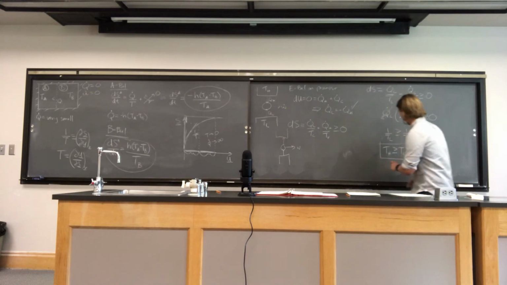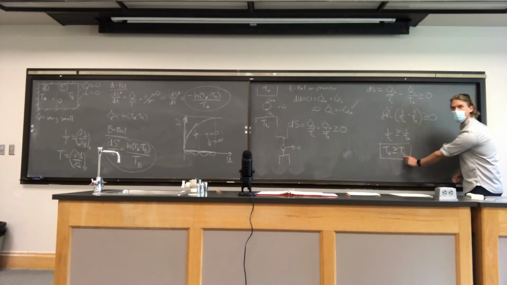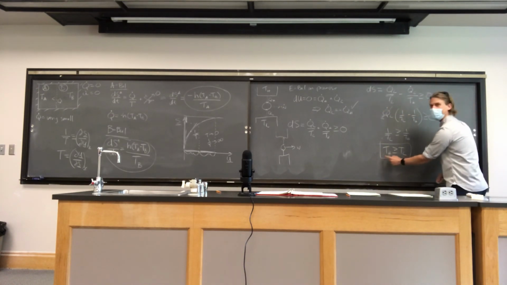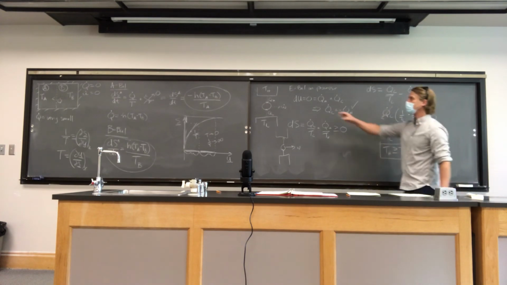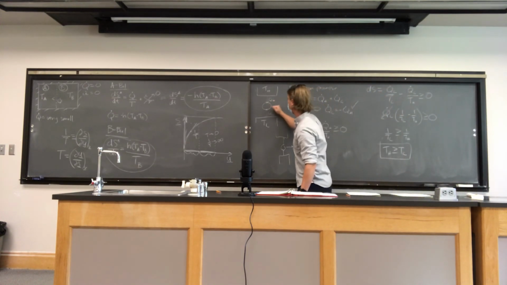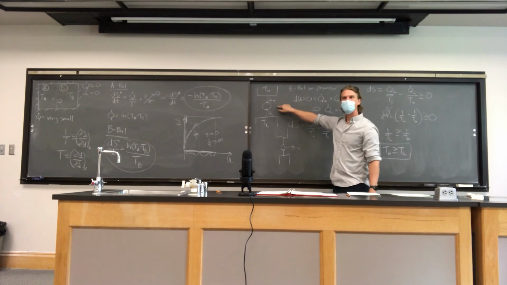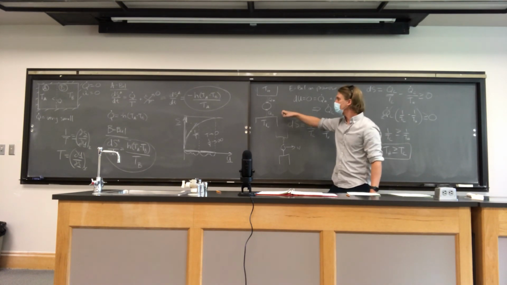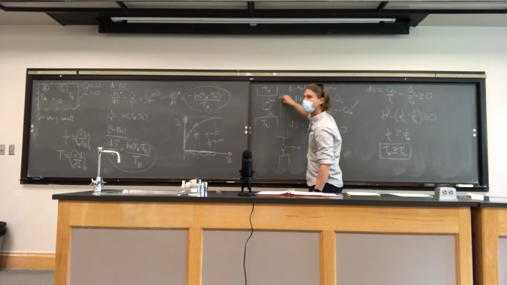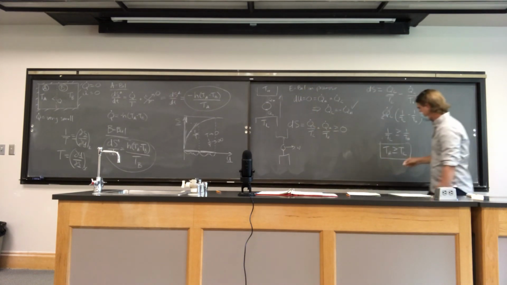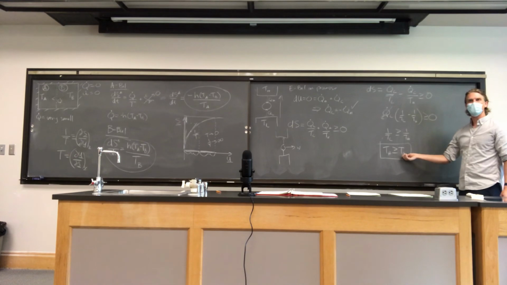What this is saying here is that TC could never transfer heat to TH. So if I have a system like this, let me get rid of my add-on here, if I have this system, it is not possible to have heat go this way because TH must be hotter than TC.